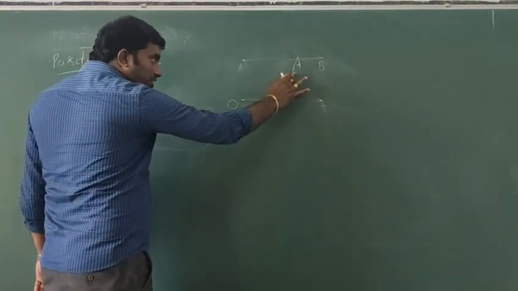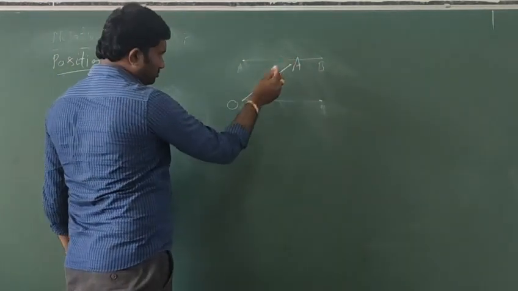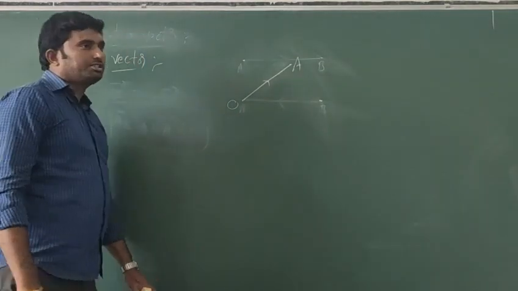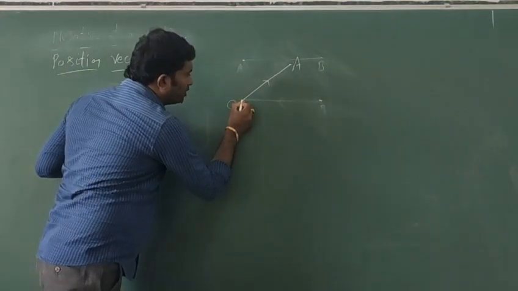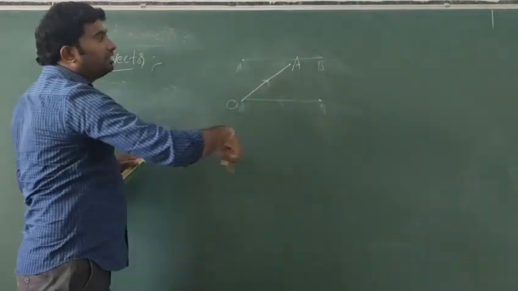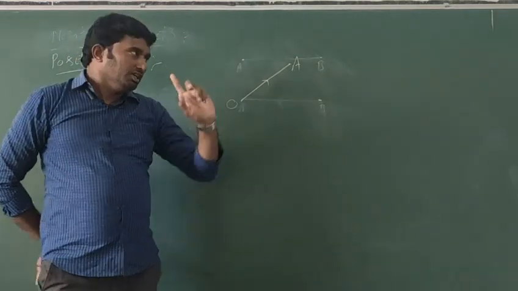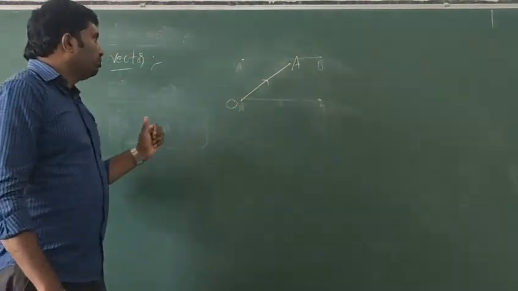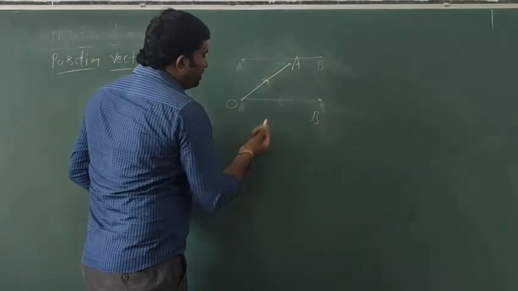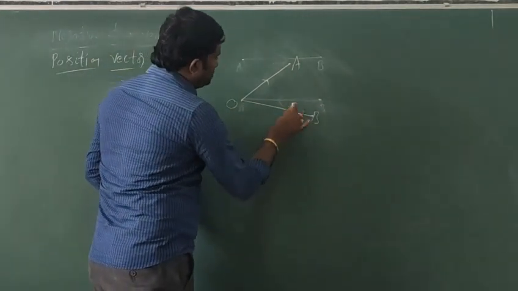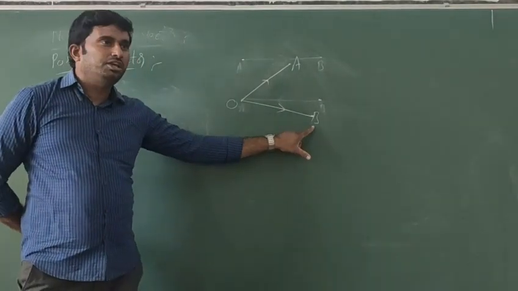Then the position vector of the point A is just OA bar. The direction is from O to A, because O is the fixed point, nothing but the initial point, and A is the terminal point, which lies anywhere in the plane or anywhere in the space. Then OA bar is the position vector of the given point A.